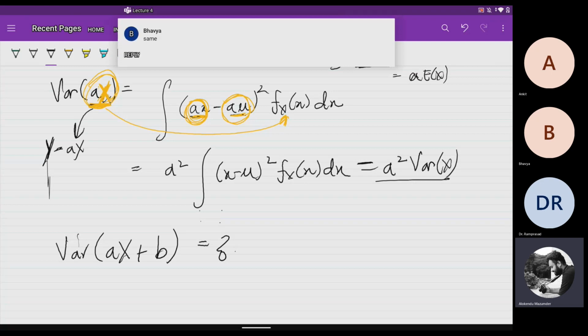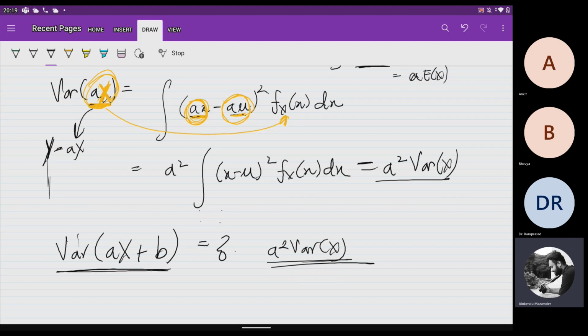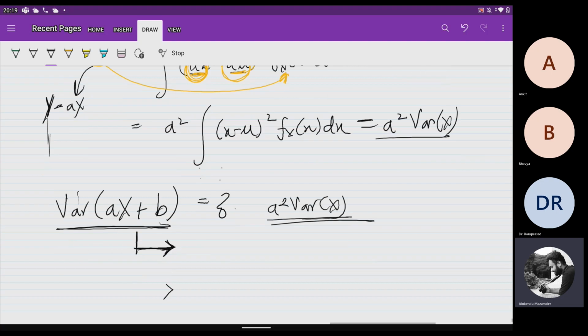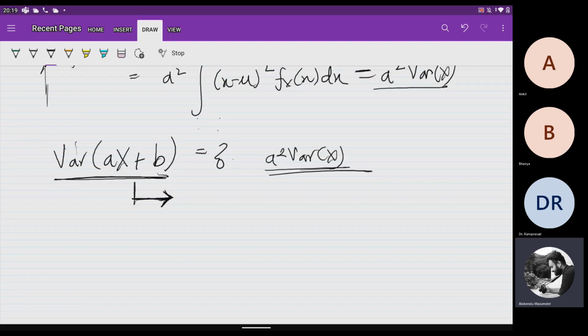Yeah, it will be the same. In order to see for yourself, you go there, compute the variance, do the integration, and you will be able to get the answer. Okay, it will be the same basically, and it makes sense.